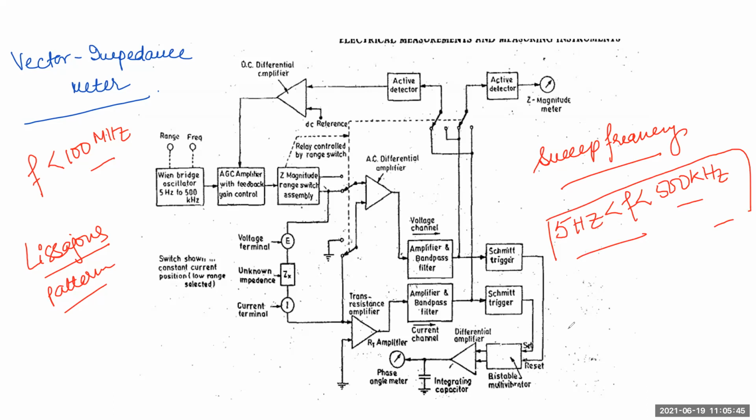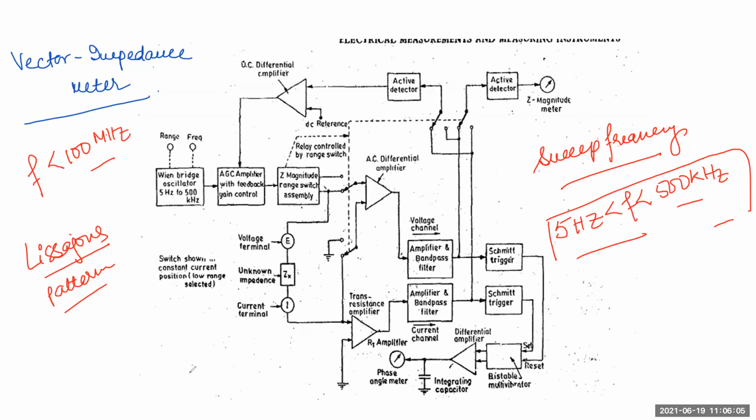The unknown component is simply connected across the input terminal that we will see here, and 2 meters are also connected to measure the magnitude of the impedance and phase angle. Now the operation of this vector impedance meter we will understand with the help of this block diagram. 2 measurements are made here.